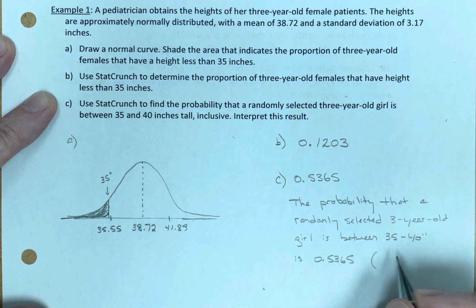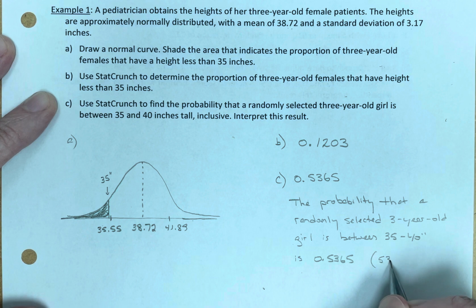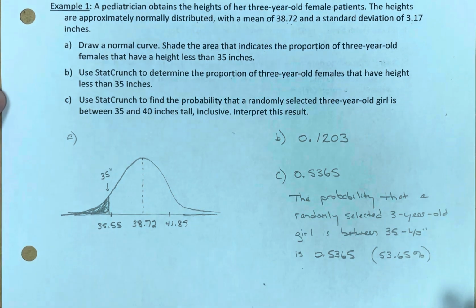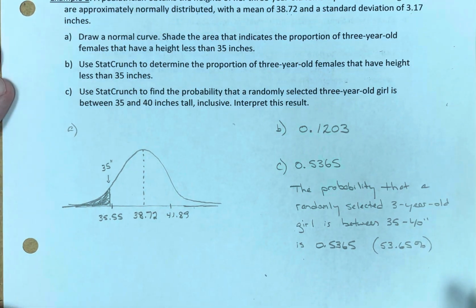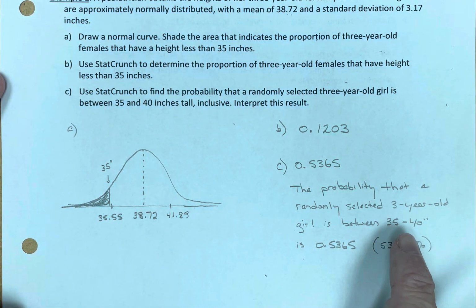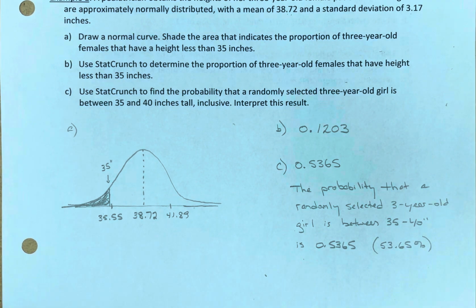If you want to express that in a percent, there's a 53.65% probability that the randomly selected girl will be between 35 and 40 inches tall.